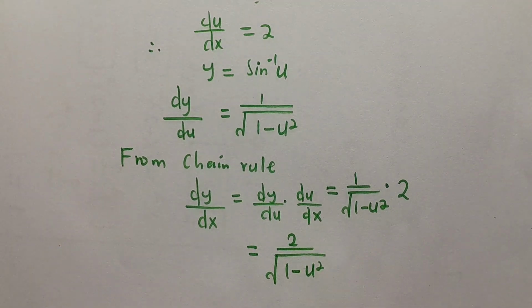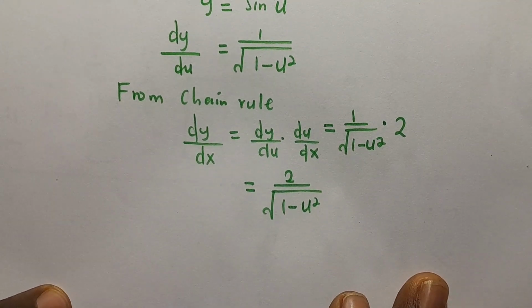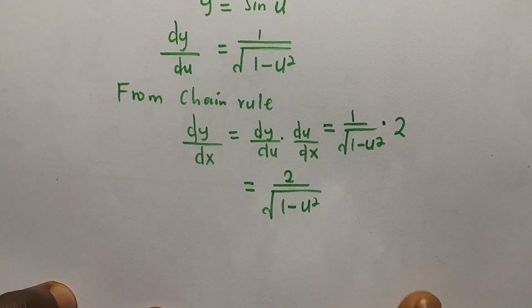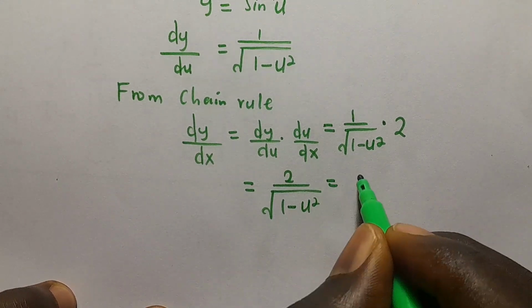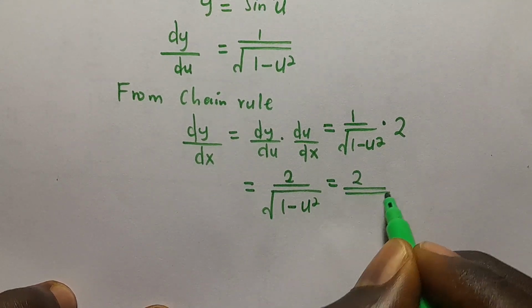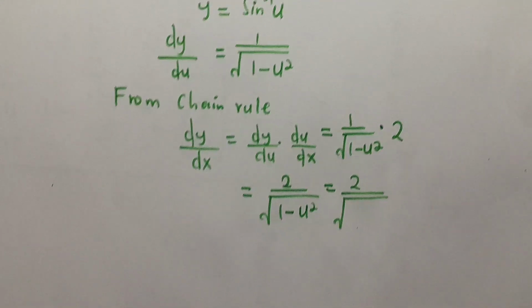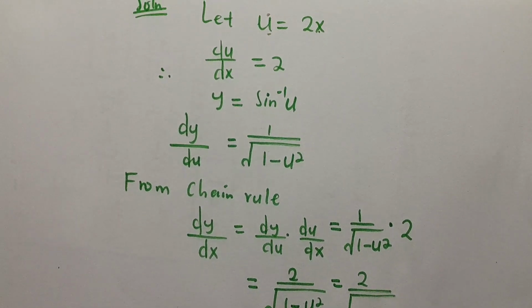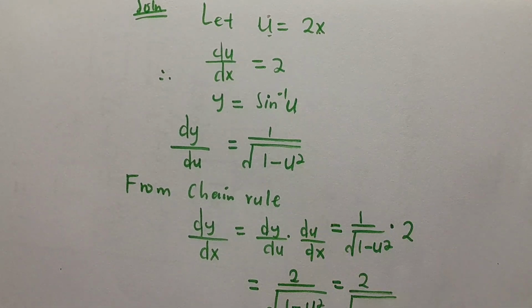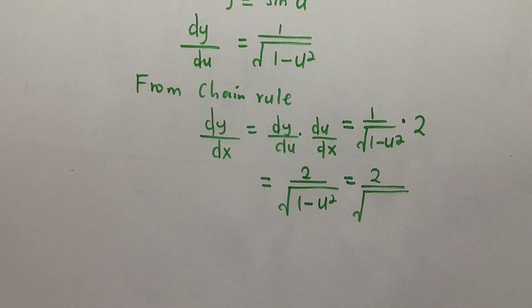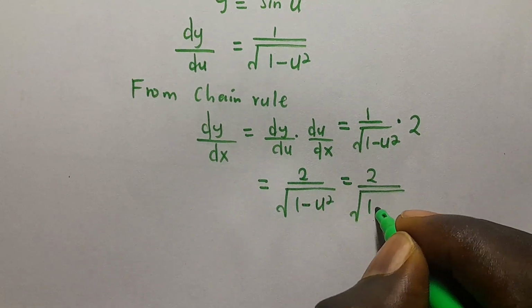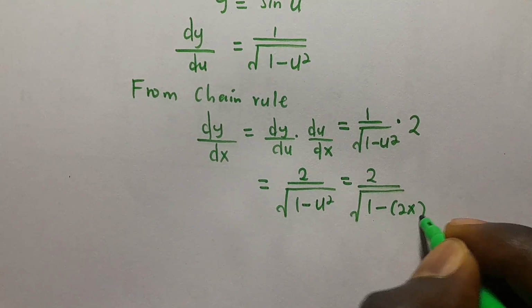Note that the value of u has been given to be equal to x. So we have 2 divided by the square root of 1 minus 2x all squared.